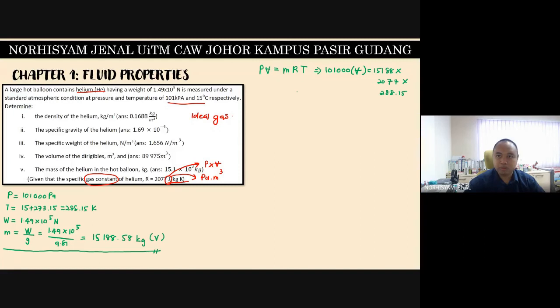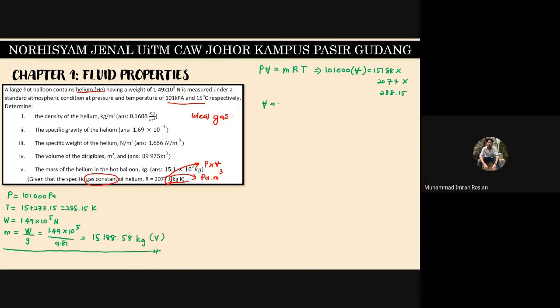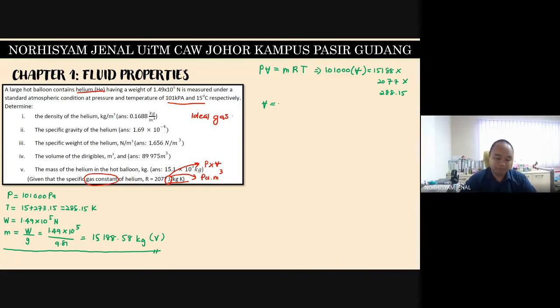Okay, so the volume should equal to... Anyone gets the volume? 15188 and 2000... 5 minus 1001 123.